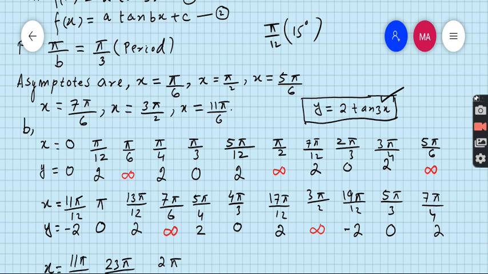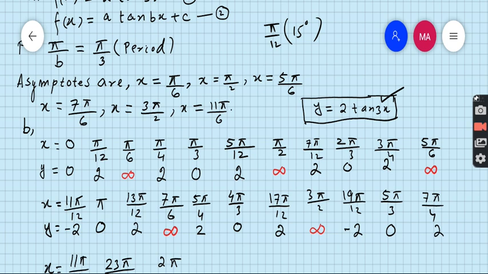For example, pi by 4 plus pi by 12 is pi by 3. So you have to write pi by 3. Then plus pi by 12, 5 pi by 12. Then plus pi by 12, pi by 2. Then 7 pi by 12. Then 2 pi by 3. Then 3 pi by 4, and so on.